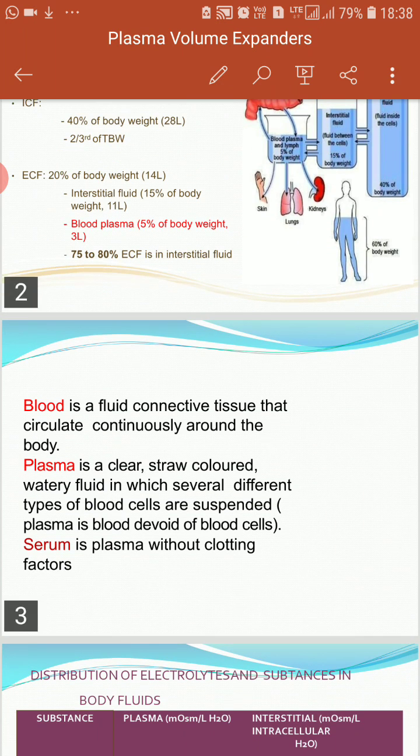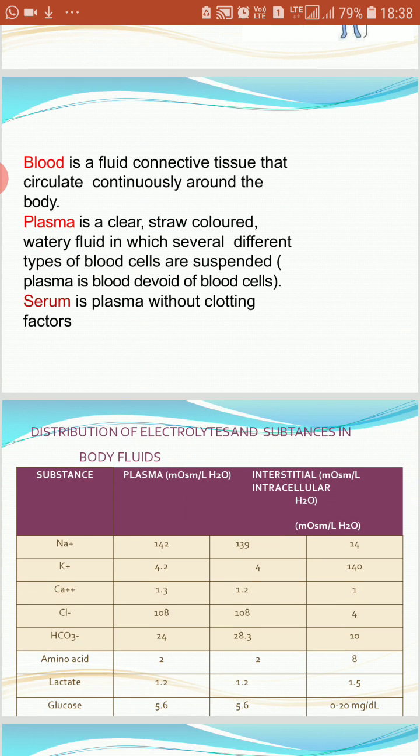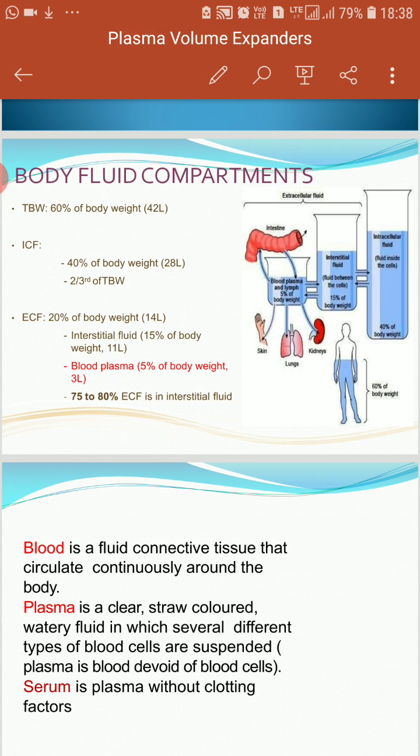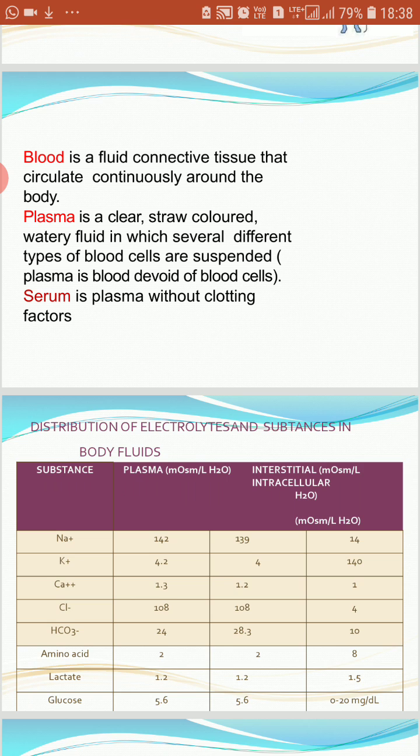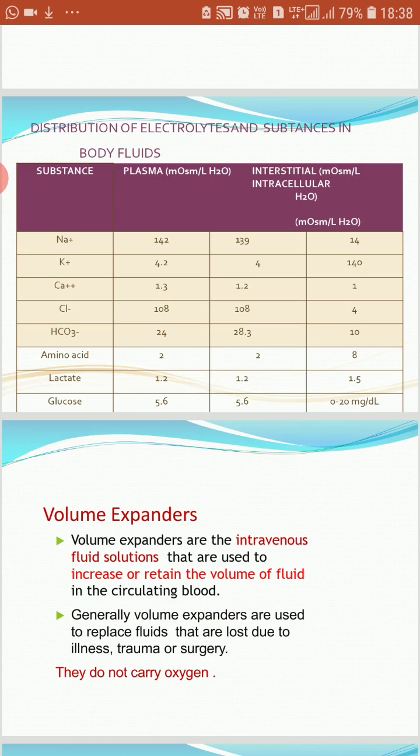Interstitial fluid and plasma together form the extracellular fluid, whereas intracellular fluid is 40% of body weight.